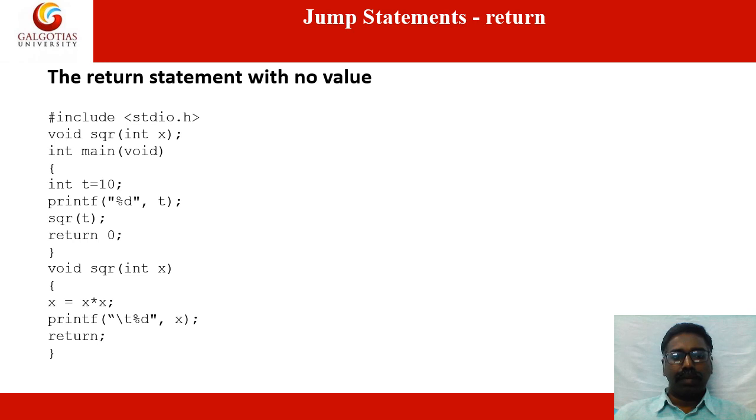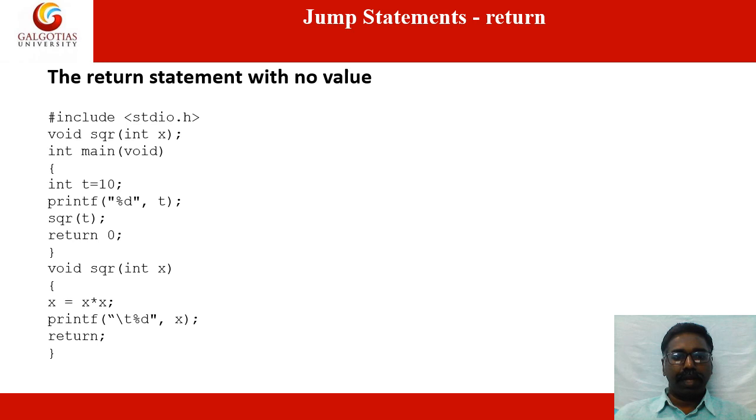We have an example here with a function also in the program. We have given the prototype of the function, void sqr, with an argument integer x. So what is the meaning of void sqr? Here the function name is sqr. Void means this function is not going to return anything.